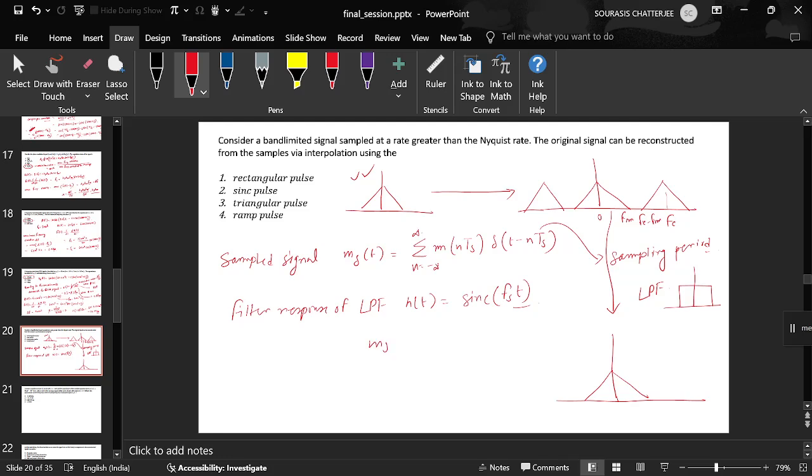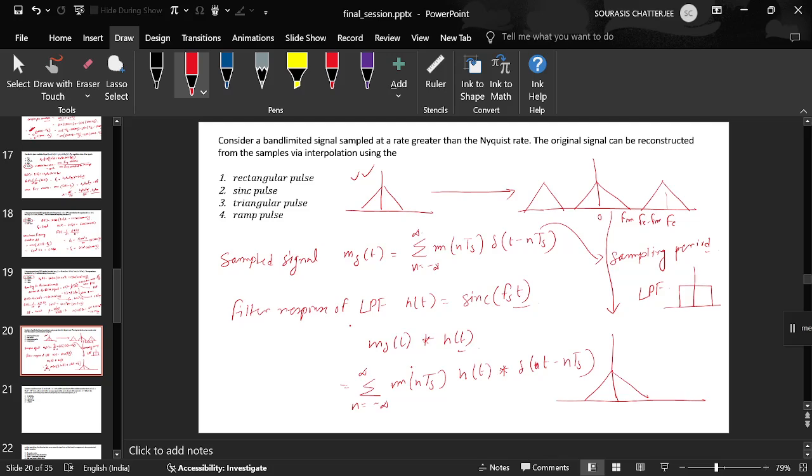So in the time domain, this is going to happen. This is going to convolve with the filter response h(t). So this will result in the summation over n equal to minus infinity to infinity of m(nTs), h(t) convolved with the delta train.